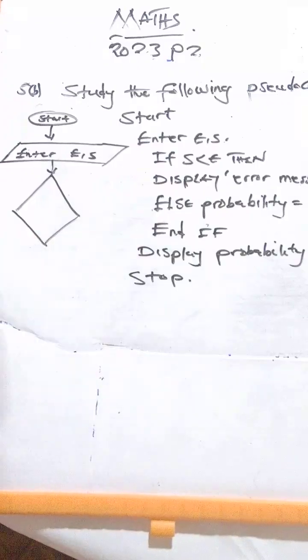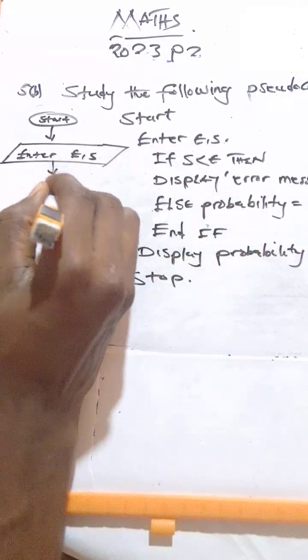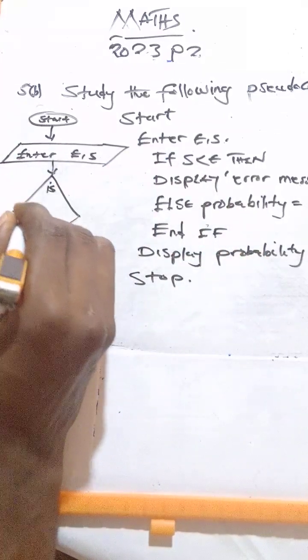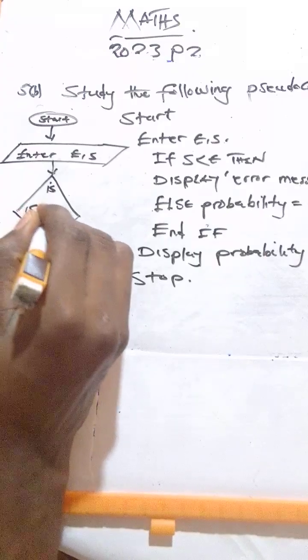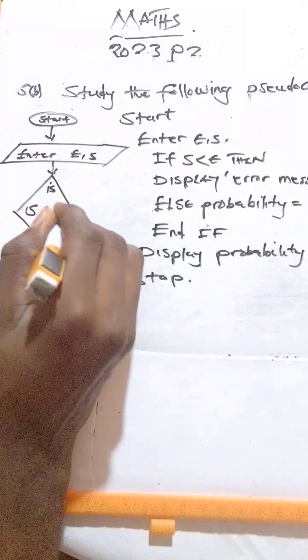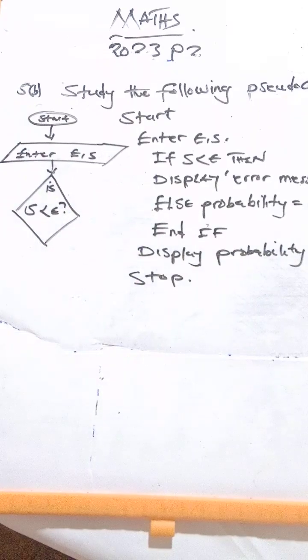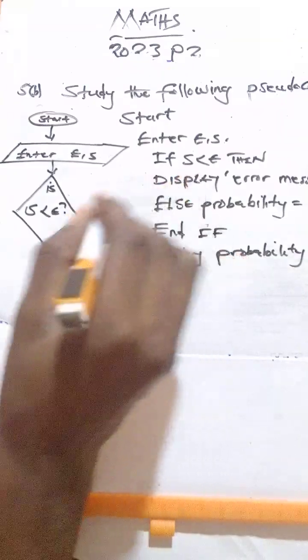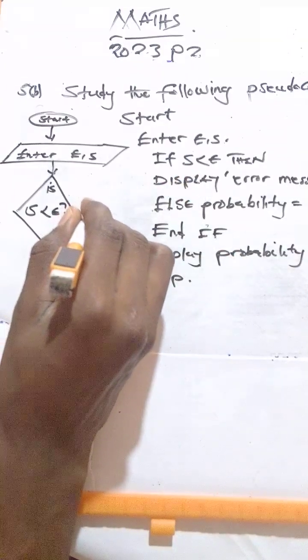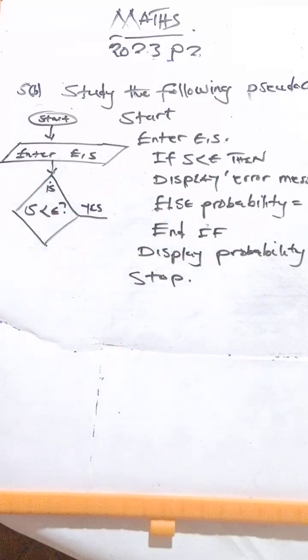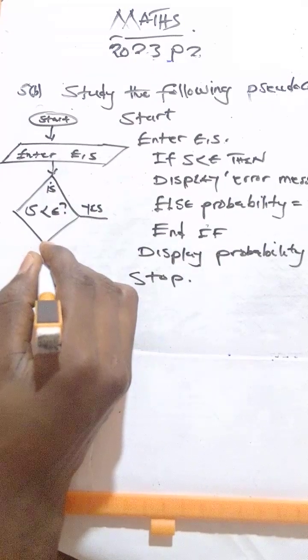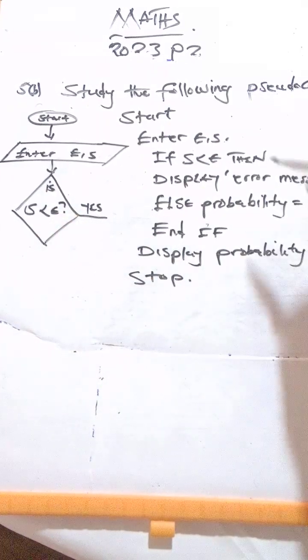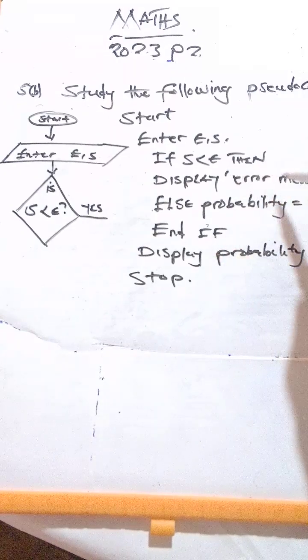So if we change to is, so is S less than E, it's now a question, so put a question mark. Then we need to answer, is it yes or no? So yes.